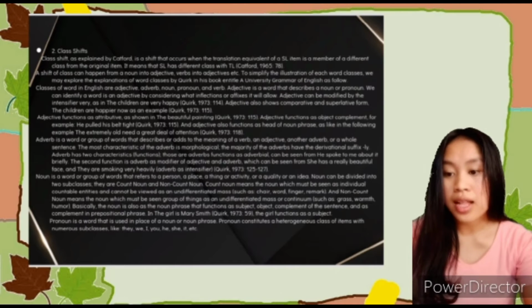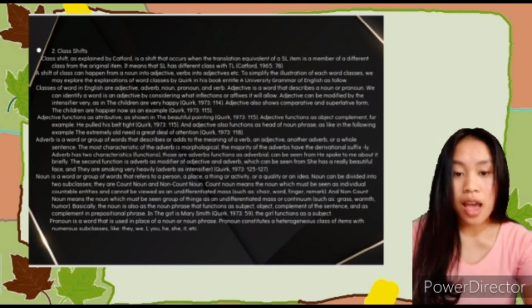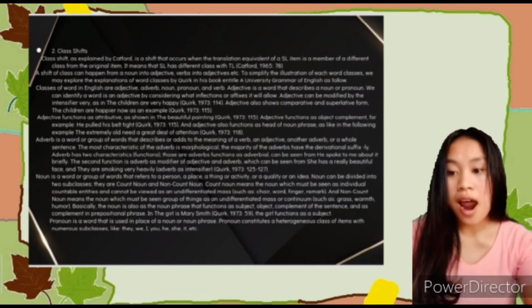To make it simple, the illustration of each word class may follow the explanation of word classes by Quirk in his book entitled A University Grammar of English, as follows. Classes of words in English are adjective, adverb, noun, pronoun, and verb.